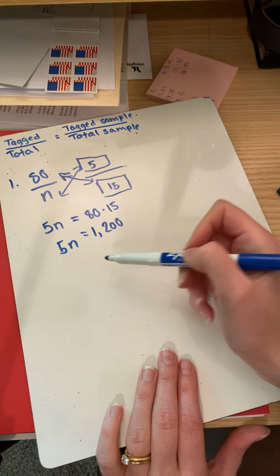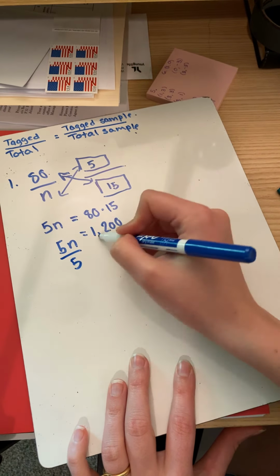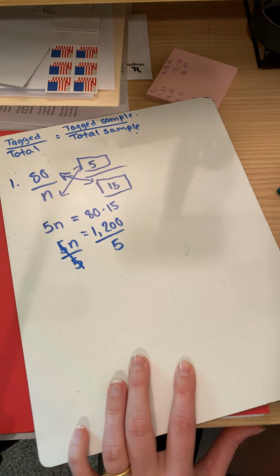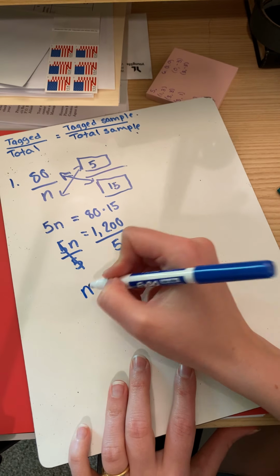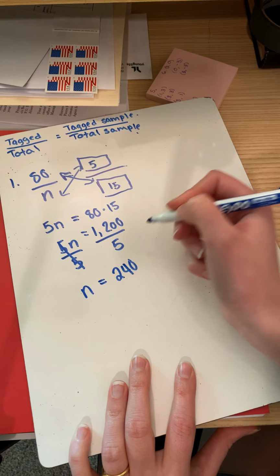We need to divide to get n by itself because we want to know what that total number of deer is thought to be. So we're going to divide both sides by 5. Our 5s cancel out on the left. 1,200 divided by 5 is equal to 240. So the number of deer in the wild is thought to be 240.